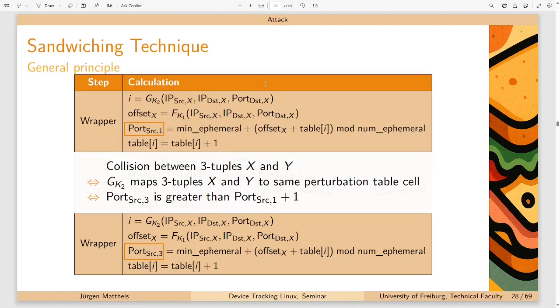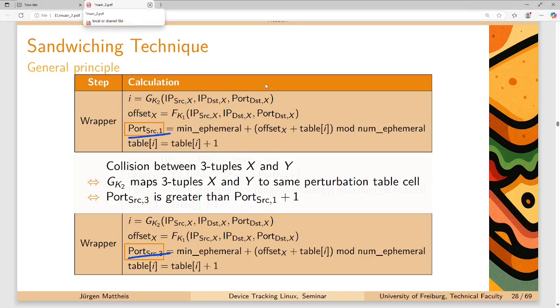And what that also means is that we have a collision between 3-tuples x and y. If we have a collision between 3-tuples x and y, that basically means this hash function maps these tuples x and y to the same perturbation cell, and we have this collision if port 3 over here at the bottom is larger than the first port plus 1 over here.